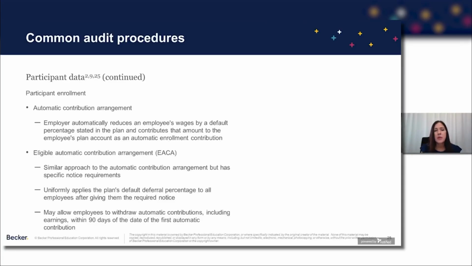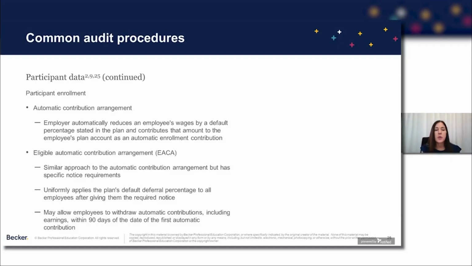So I've mentioned a couple of times when it comes to the changes over the years in regards to how the participants enroll. There's been an increase, or at least that I've seen with my plans, in plan sponsors adopting these automatic contribution arrangements. And there's different types of automatic enrollments and contribution arrangements.